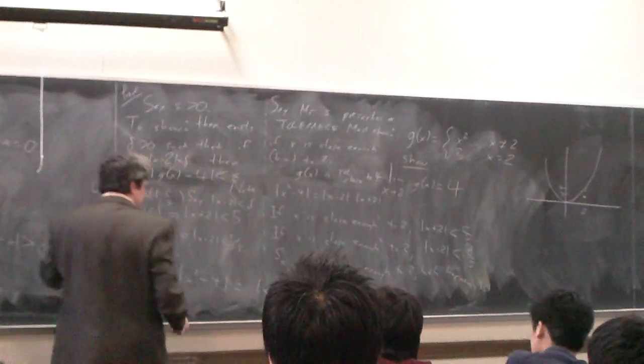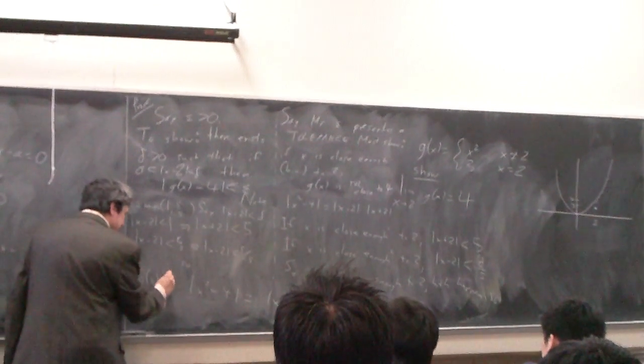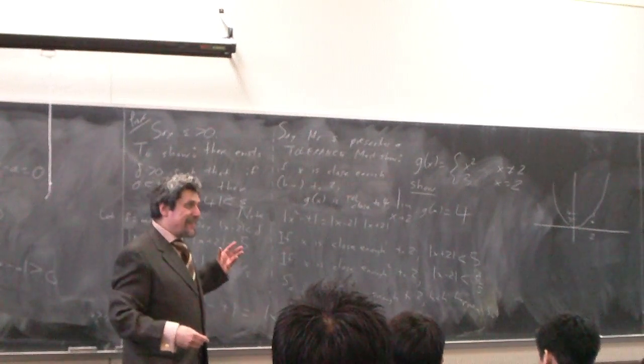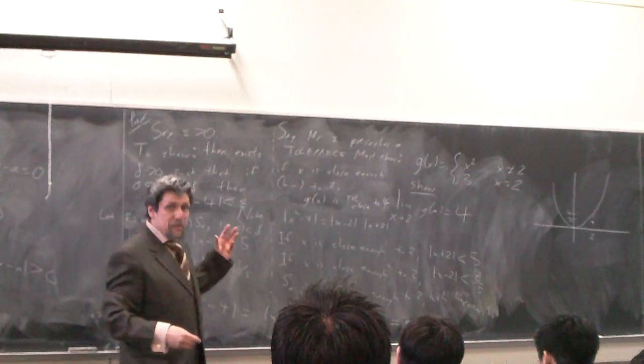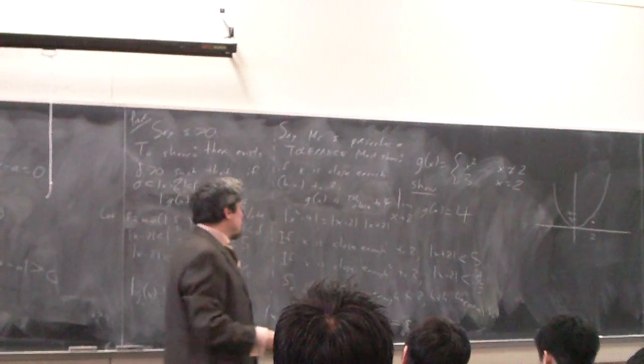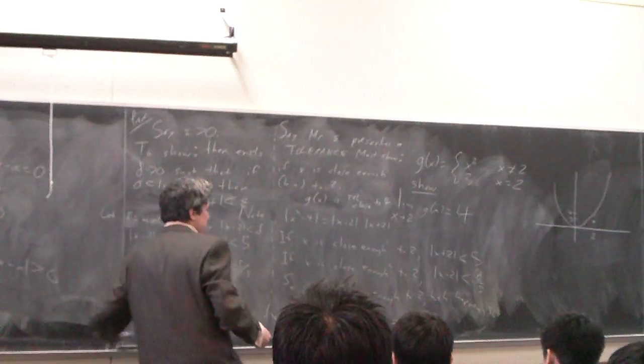So to finish the proof, I want to say it is g of x, provided x isn't 2. So if x is close enough to 2, both happen.